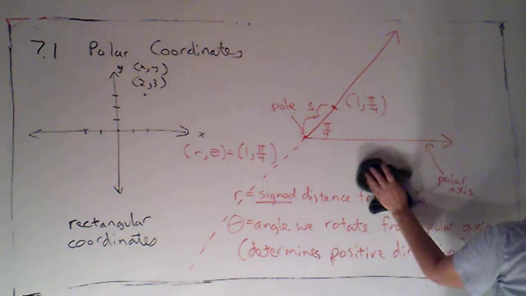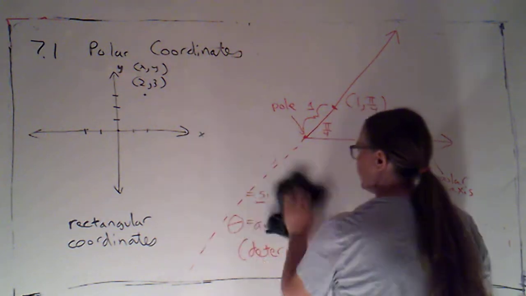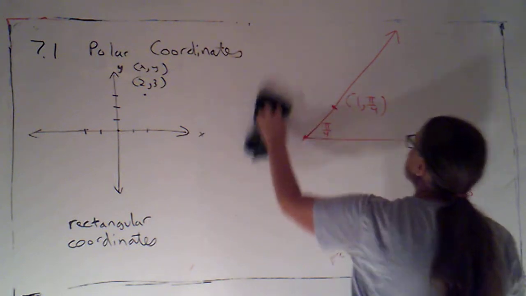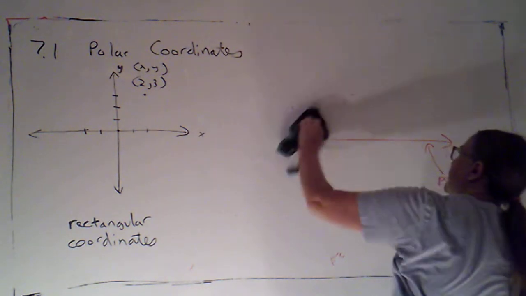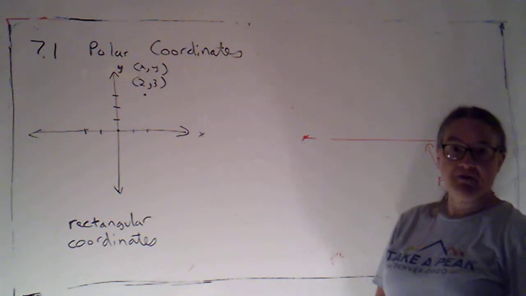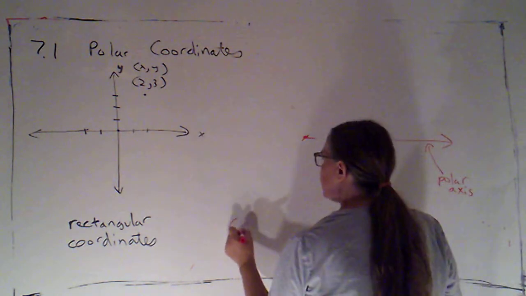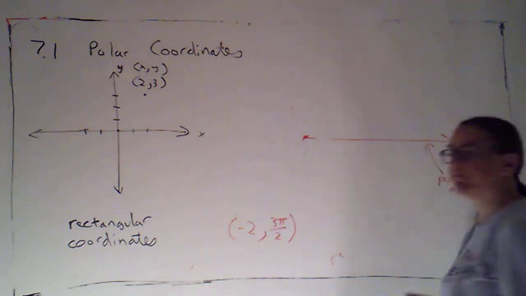Let's try plotting a point where the r value is negative. So I'll erase this point, so we're back to just our frame of reference. Okay. Let's try plotting (-2, 3 pi over 2).